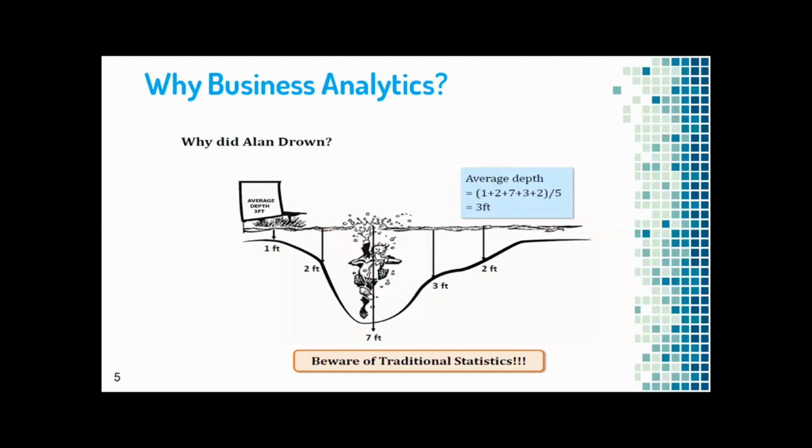But all of a sudden he saw that there is a board over there, and that board says that the average depth is 3 feet. The board reads 3 feet.